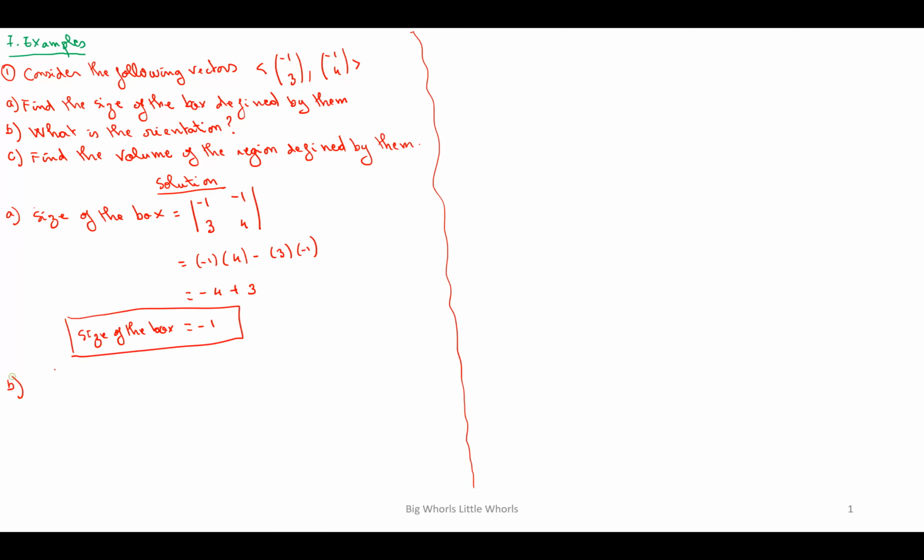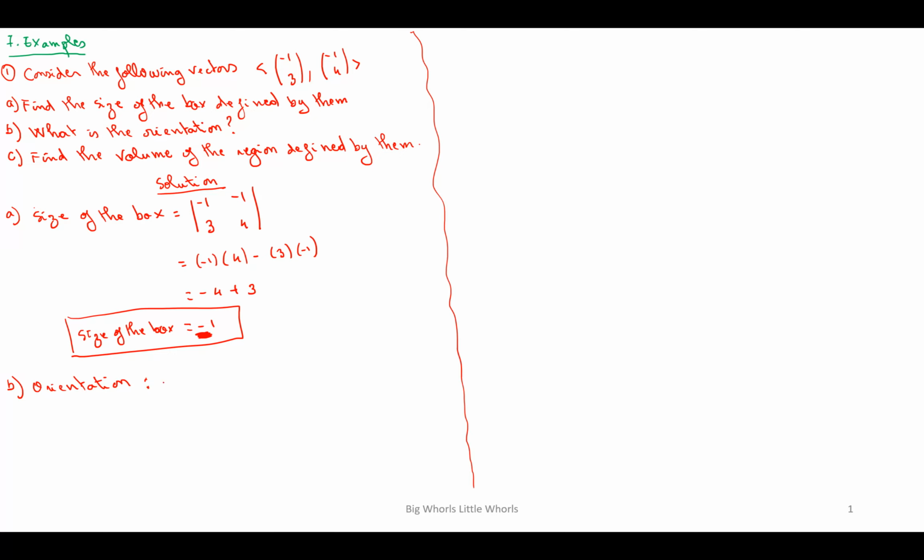So based on that answer, we can get the orientation. We have seen in the previous video that the orientation is determined by the sign of the size function. If the sign is negative, then we have a clockwise orientation, but if the sign is positive, then we have counterclockwise orientation.